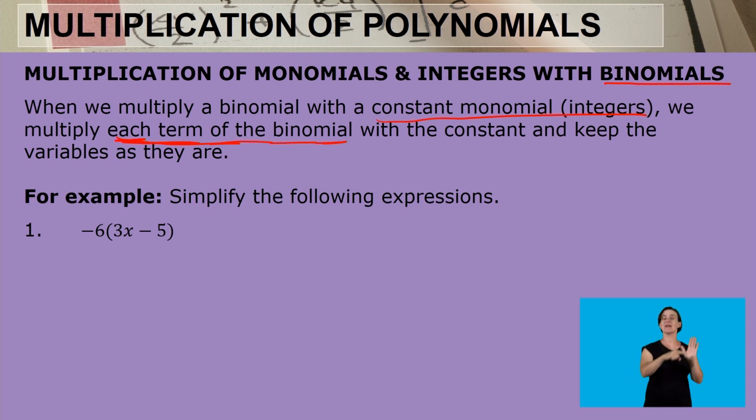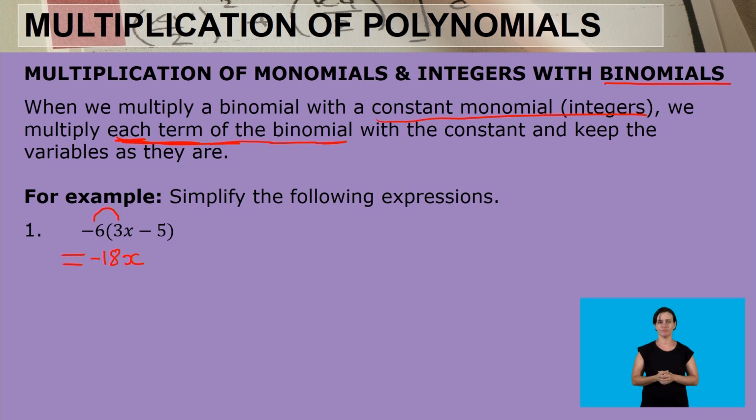So we are first going to multiply the first term of the binomial, which is the 3x. So that is the negative 6 multiplied by the 3. Our answer there is going to be a negative 18, because negative 6 multiplied by 3 is negative 18. And because there is no other variable there, we are just going to keep that variable as it is.